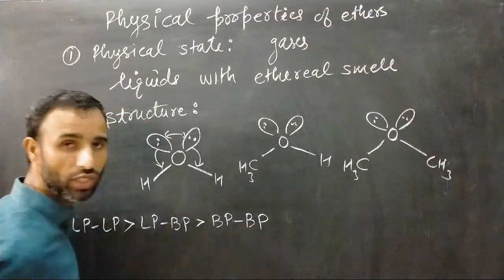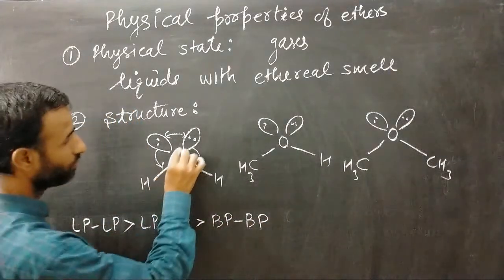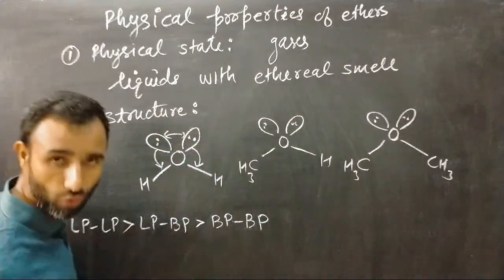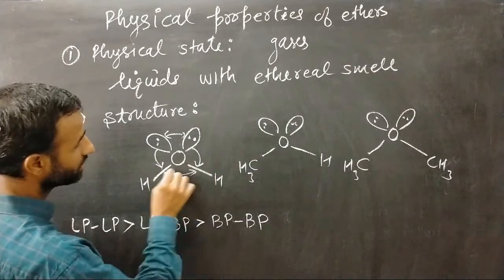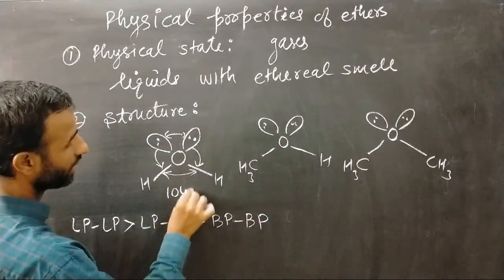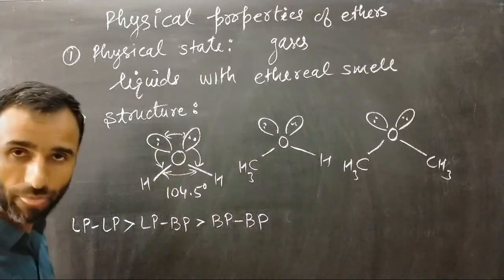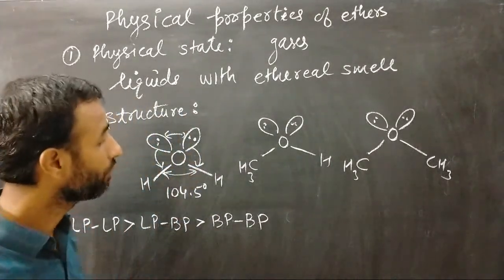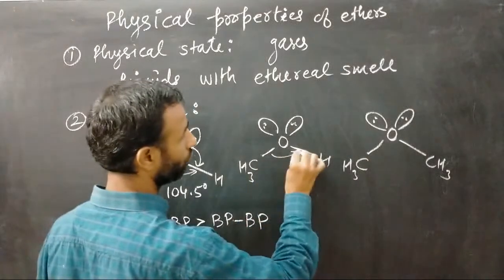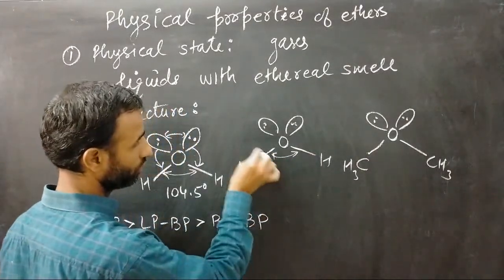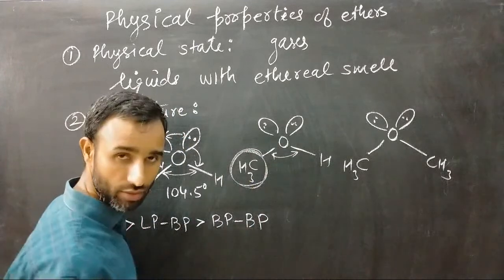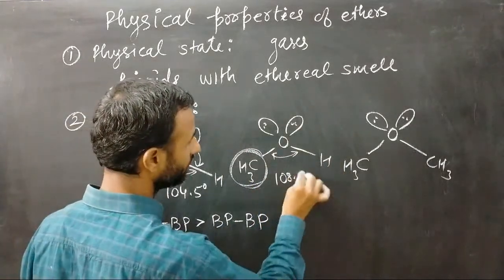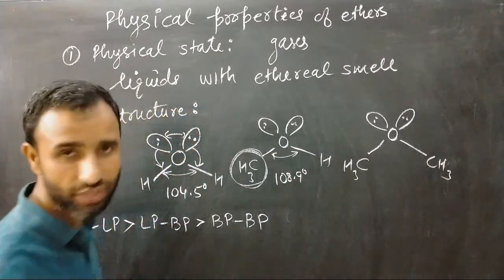So generally we say that if there are lone pairs along with bond pairs and total pairs are 4, then bond angle is less than tetrahedral, just like in water. But when we have alcohol, this alkyl group is bulkier, though hydrogen is small, so the angle is still less than tetrahedral.